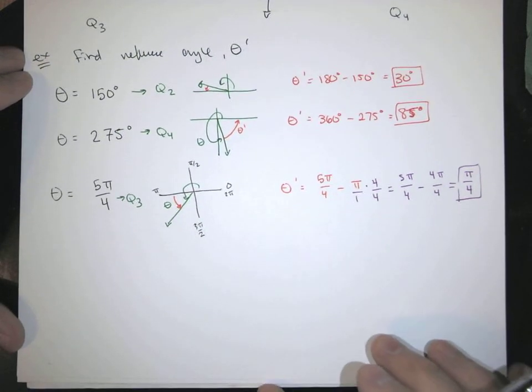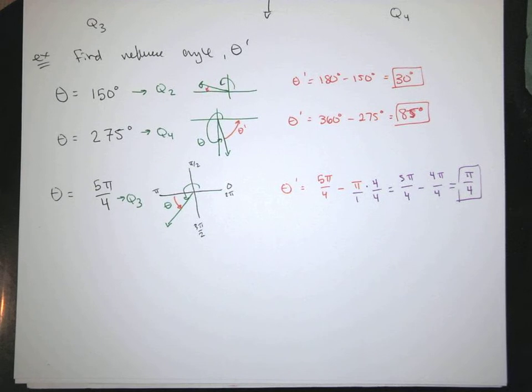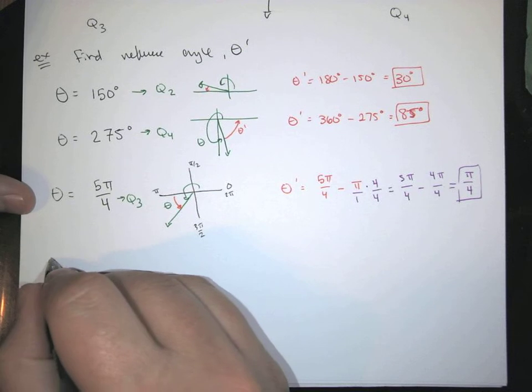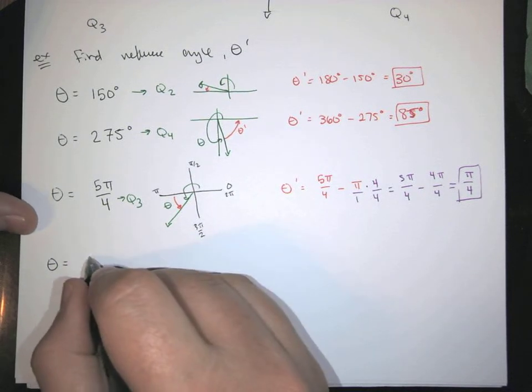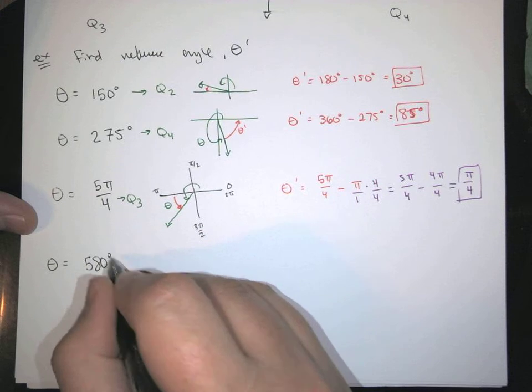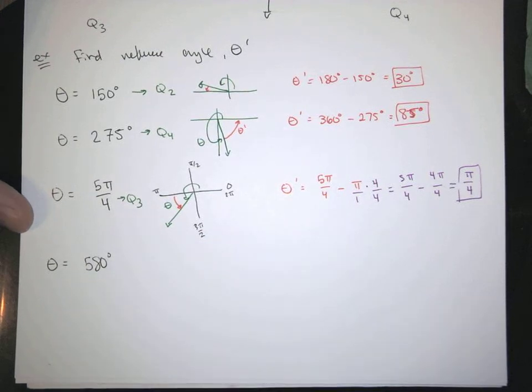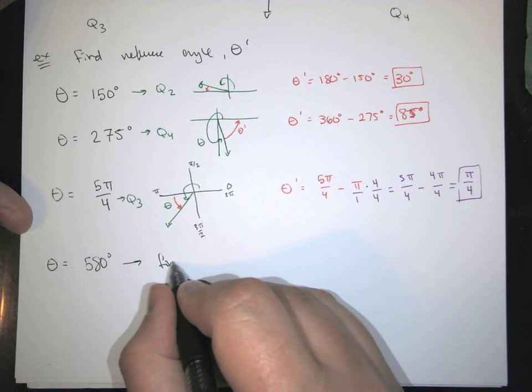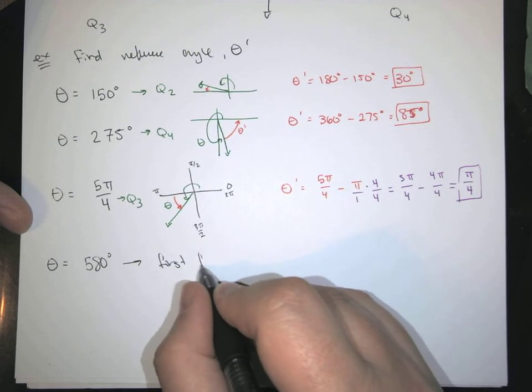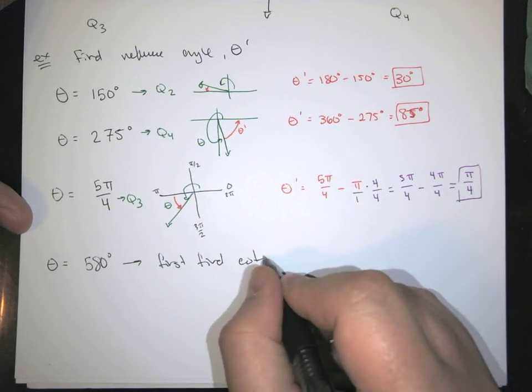Two more quick examples. If we had an angle that was bigger than 1 rotation, so let's say theta was 580 degrees, and we have the same question, find a reference angle. So what we really need first is a coterminal.